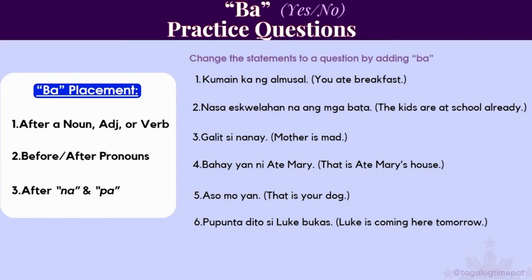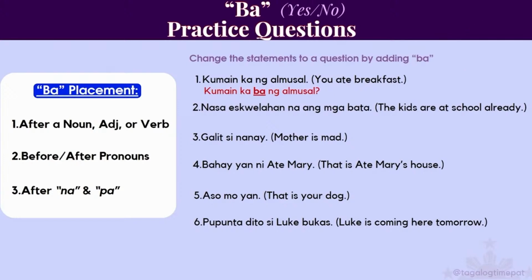Kumain is a verb, so it would probably go after that. Let's see. Kumain ka ba ng almusal? So it actually goes after ka because it is one of the pronouns that go before ba. Tricky, right? It's just one of those things that we'll have to memorize. Did you eat breakfast? Pause the video now and then we will do the rest in just a minute.